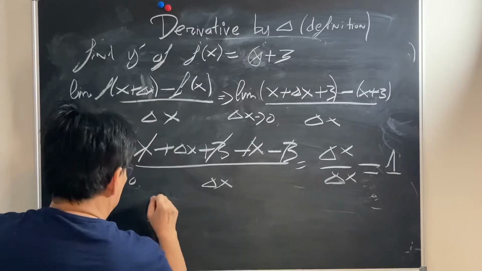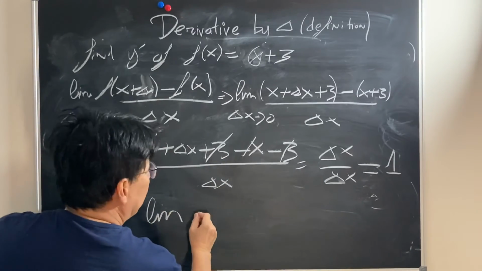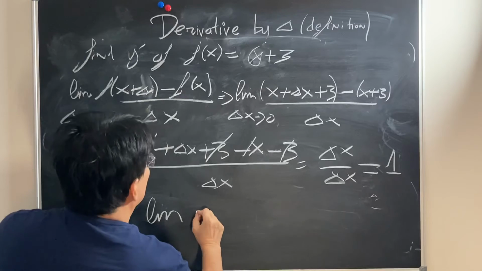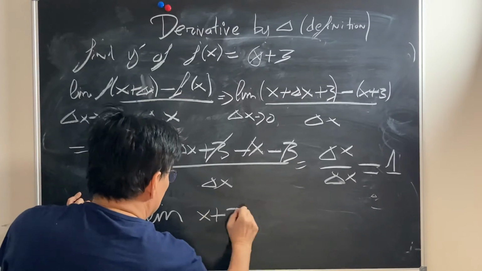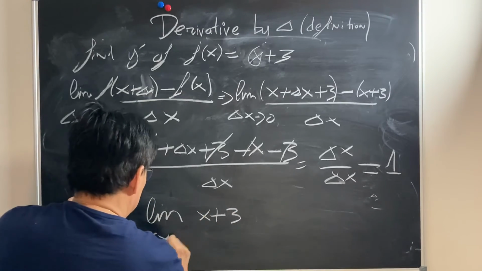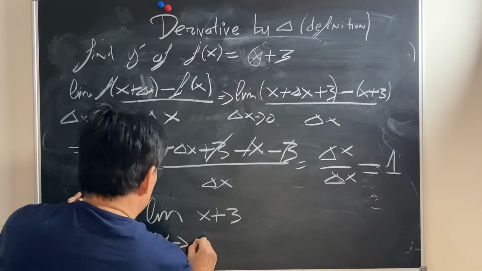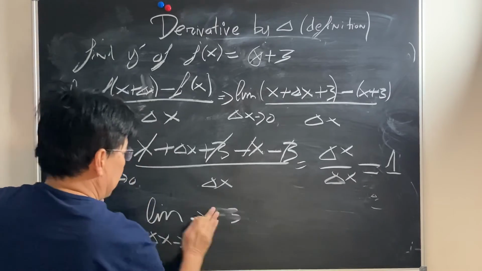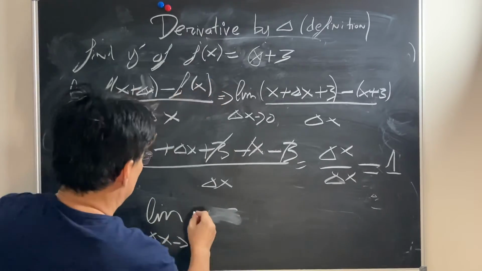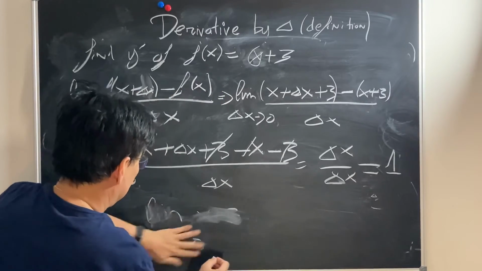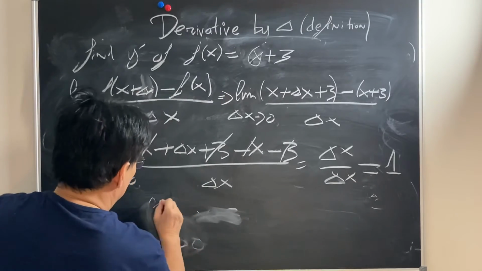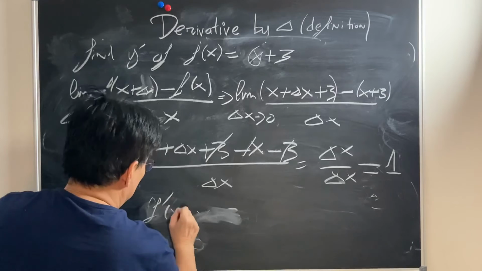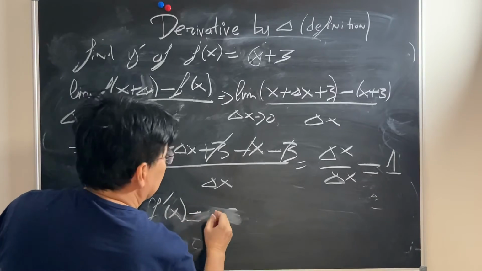So the limit of s plus 3, as delta s goes to 0, the derivative of f of x, equals 1.